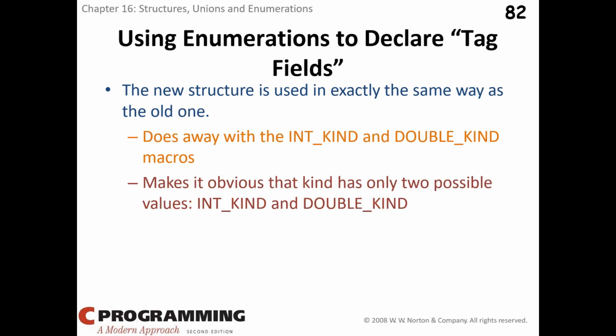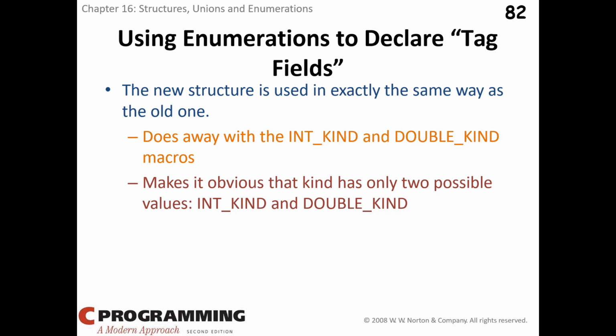Incorporating an enumeration as a tag field in a structure offers several advantages over using macros or plain integers. With the new structure, the usage remains consistent with the previous implementation. However, we eliminate the need for the INT_KIND and DOUBLE_KIND macros, simplifying our code base.